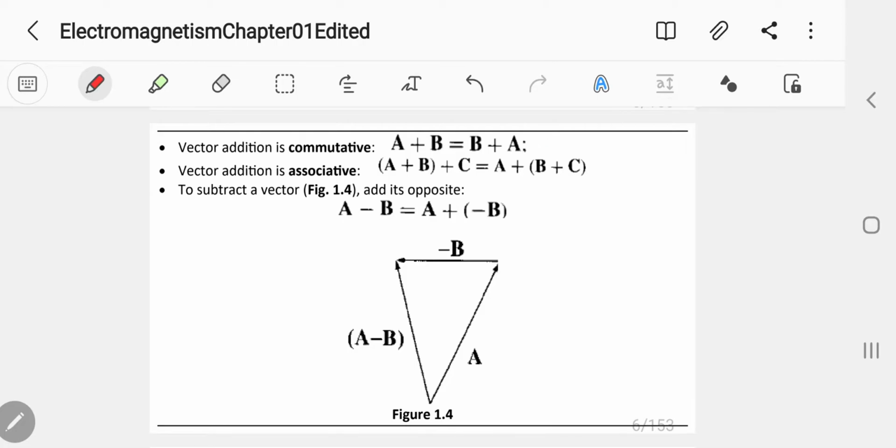It's also associative. This means that if you're adding three vectors, you can add A and B first, then add it with C, or you can add B and C first, then add it with A.